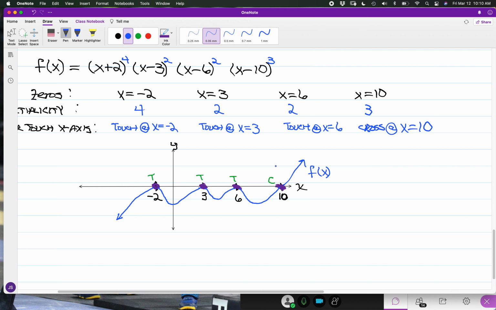And one might ask, how did I know that the graph started below the x-axis and finished above, when it might have been the other way around?